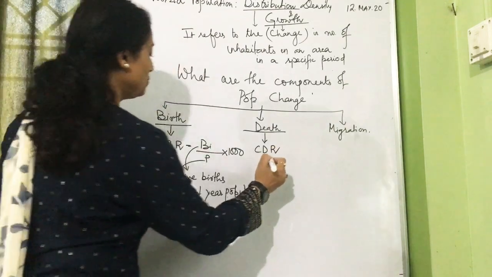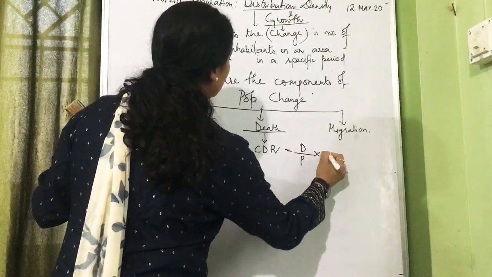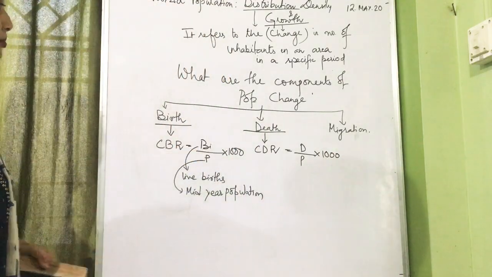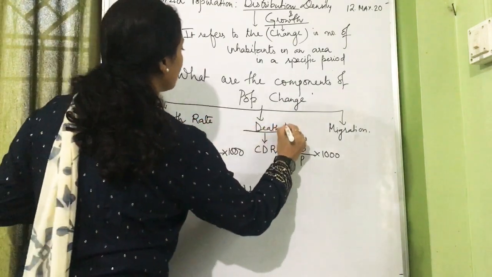In the same way, crude death rate is deaths divided by population into 1000. So this is the way we measure birth rate and death rate.